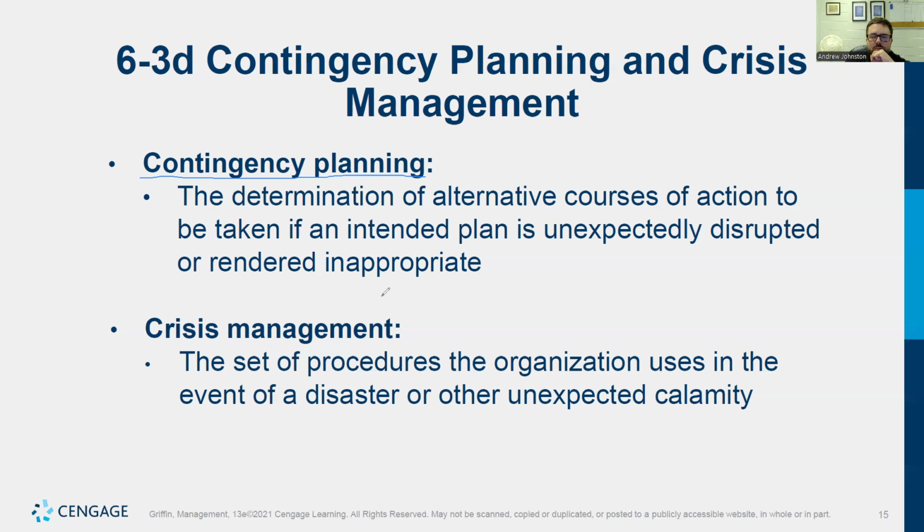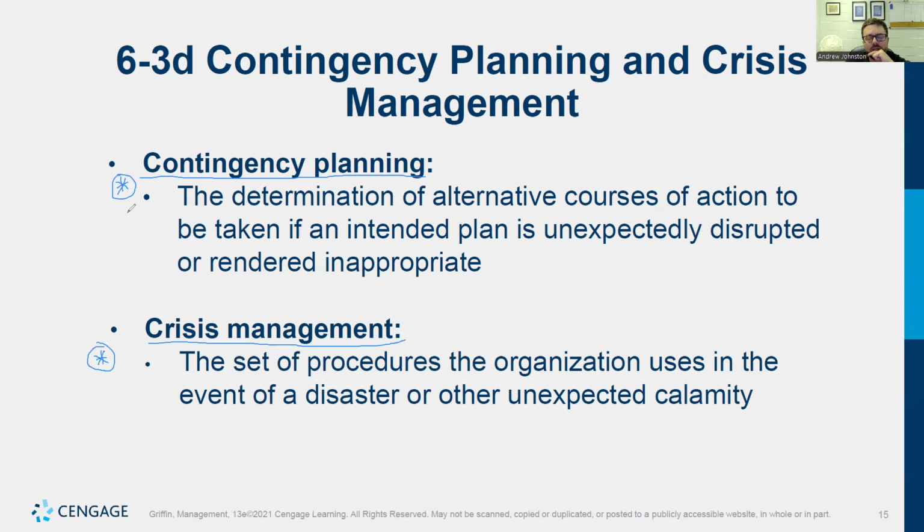Crisis management is similar, but whereas contingency planning is more about predictable events, hoping for the best and planning for the worst, crisis relates more to unforeseen events that can be a bit more disastrous. The COVID pandemic, in some senses, was more of a crisis.